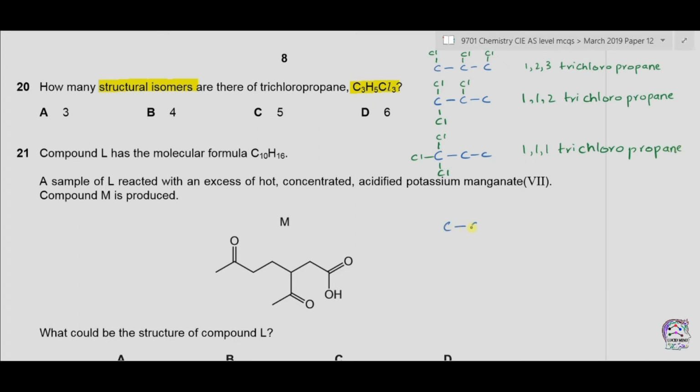Also, we can have 1 chlorine atom attached with the last carbon. So it will become like this. Now the name is 1,1,3 trichloropropane.